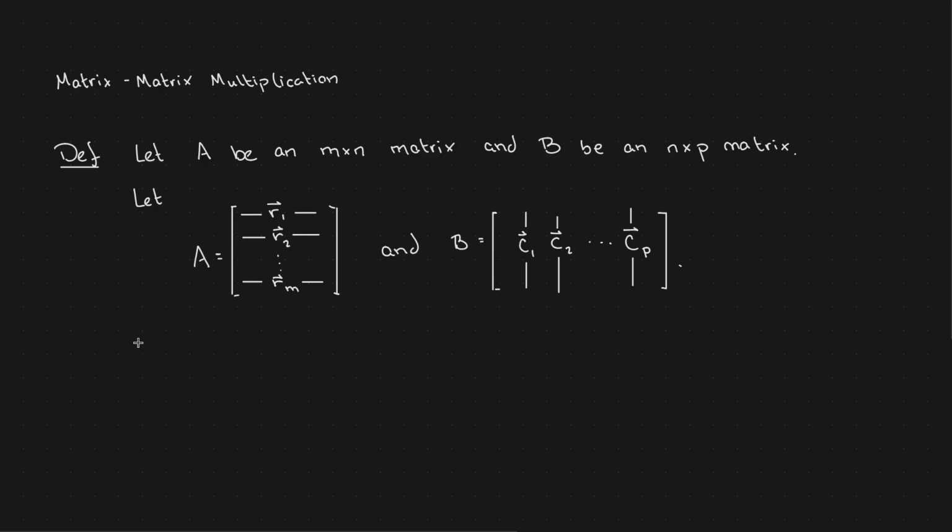So if this happens, then the product matrix AB is an m by p matrix.